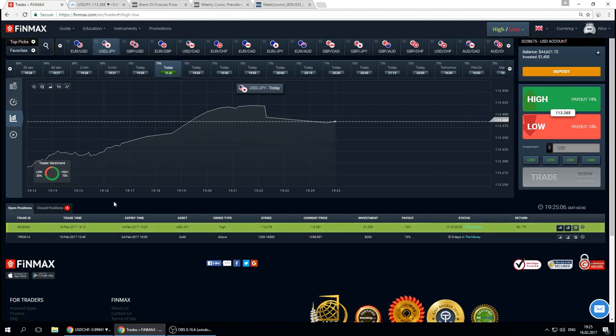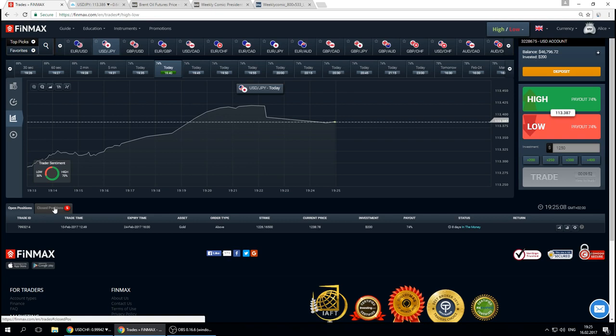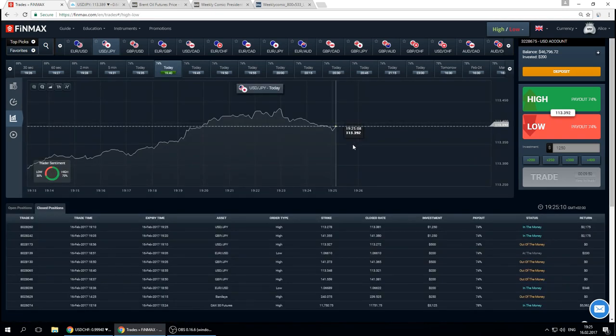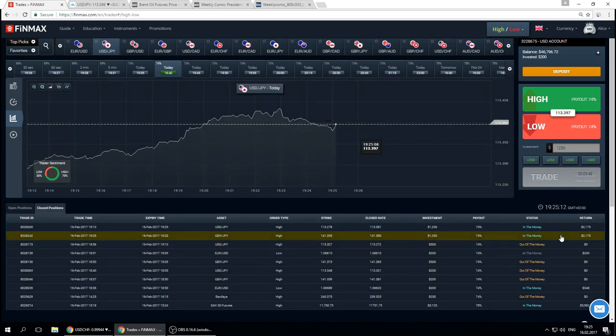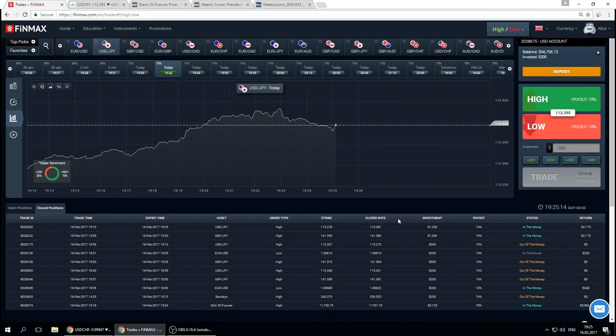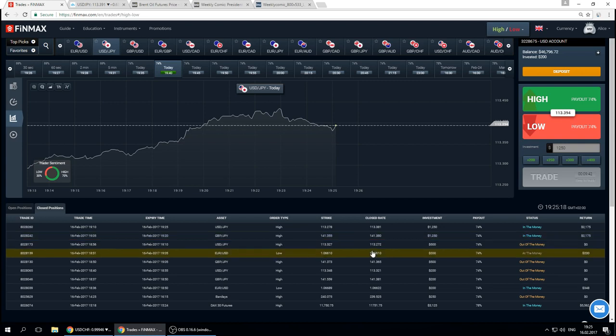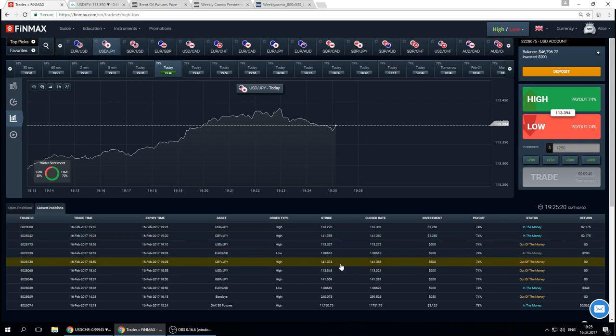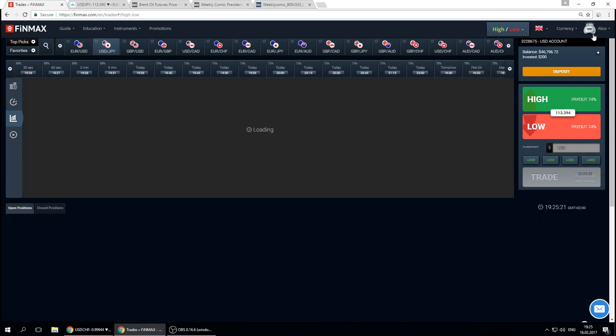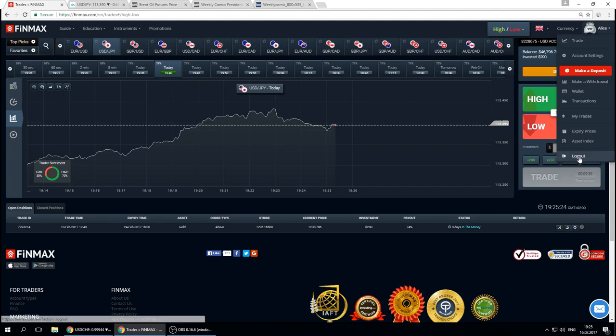I have a question to show the results. I believe that's from those who didn't trade with us. Okay. So you see here the last 2 trades, which expired in the money.